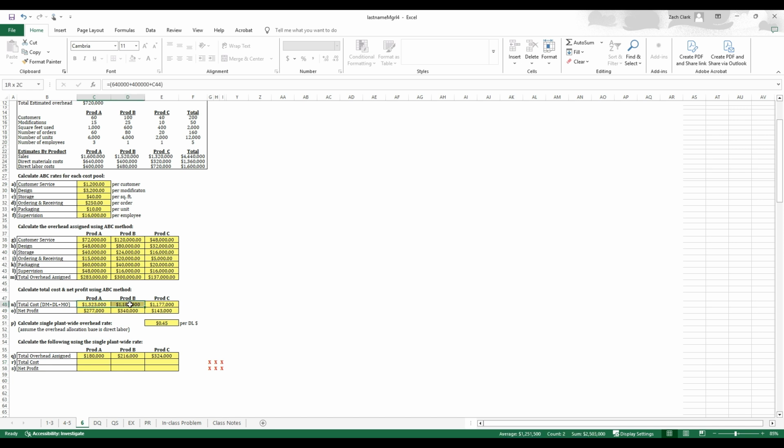And then we can take the same formula we were using above, because it already has the amounts put in the formulas that we pulled out of here for the materials and labor. We do need to fix the formula, so it pulls from the right cell. So we'll drag that part of the formula down to get the total overhead cost assigned.